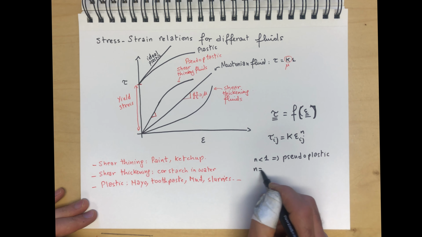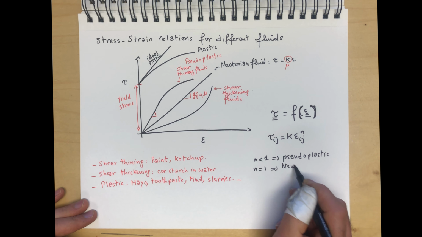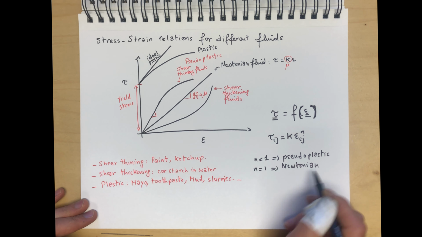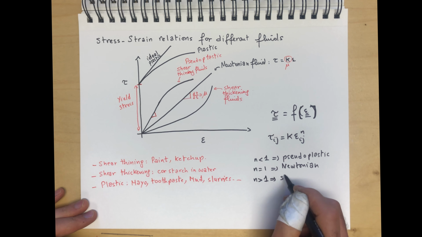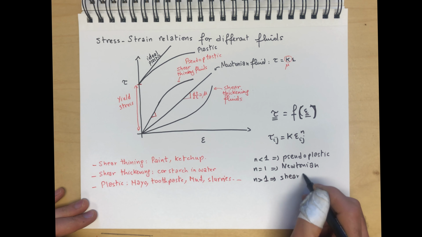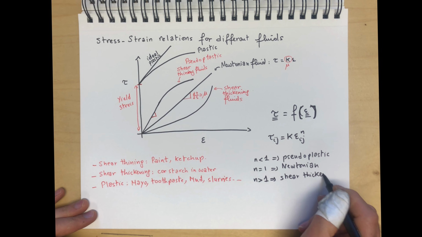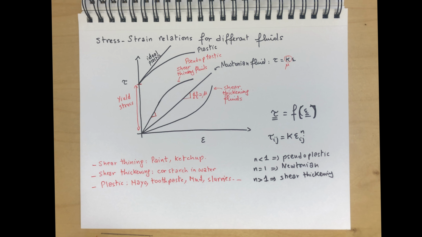N equal 1, you get Newtonian, and then n greater than 1, you get shear thickening fluids. Okay. All of these are options, but there are also other complications with non-Newtonian fluids where the time history of the stress on the fluid plays a role.